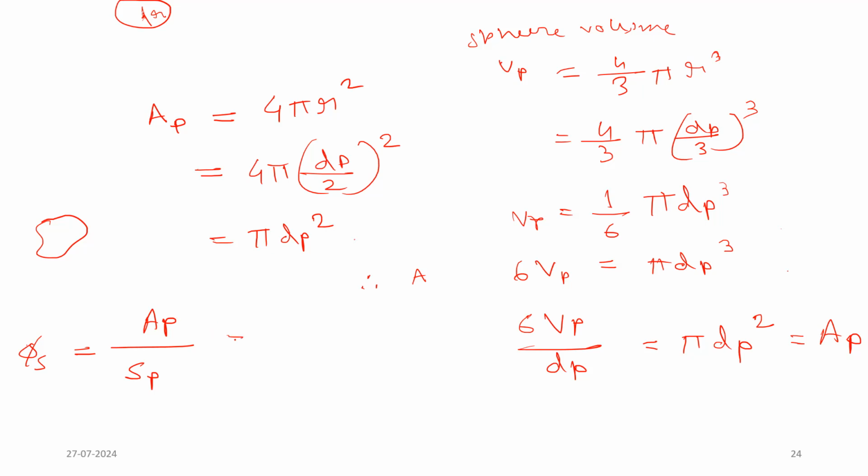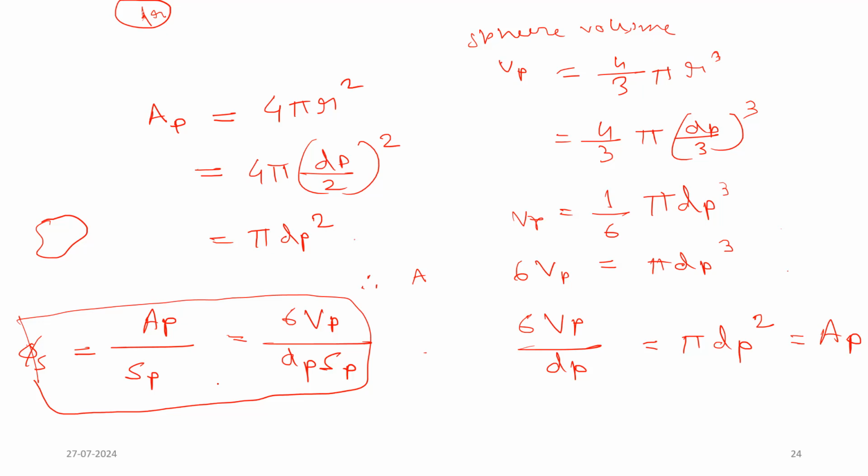We know Ap's expression is 6 Vp by dp, so phi s is 6 Vp by dp Sp. This is how the formula comes. This is very important to remember. You can directly apply it in this form, or otherwise you can remember the procedure and compare with the volume to come to the result in your problem. If you don't remember this expression, that is not a problem.